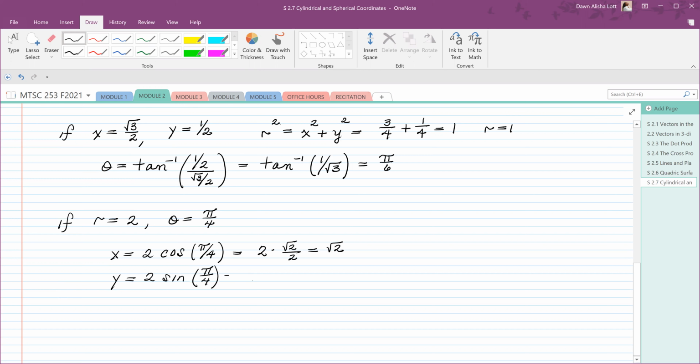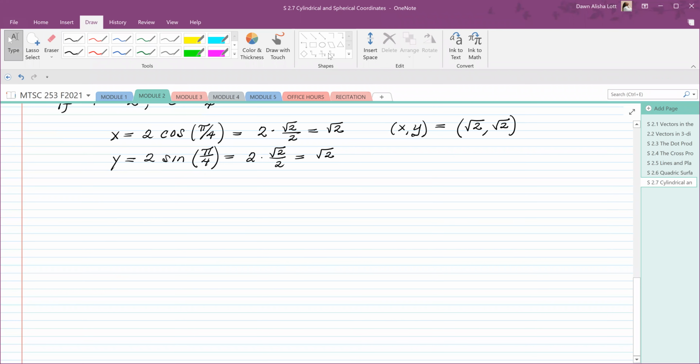And that will be 2 times the root of 2 over 2. And that's the root of 2. So here, I now have found xy to be the root of 2, root of 2. And here I found r theta to be 1, pi over 6. Okay, well, the main part of this course is 3 dimensions, so let's get there.